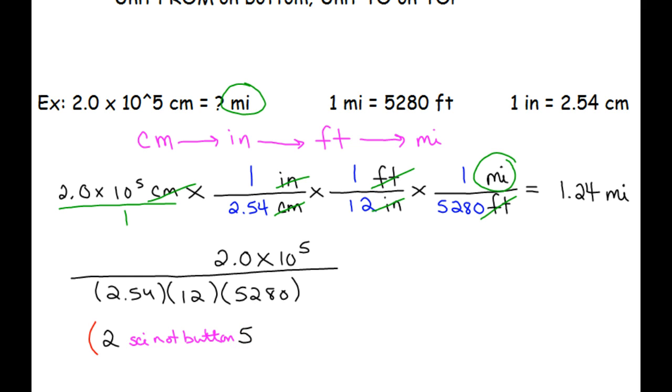Then your exponent, close the parentheses, divide, new parentheses, and then you could put in 2.54 times 12 times 5,280. Finally close and hit enter. And you should have the correct answer.